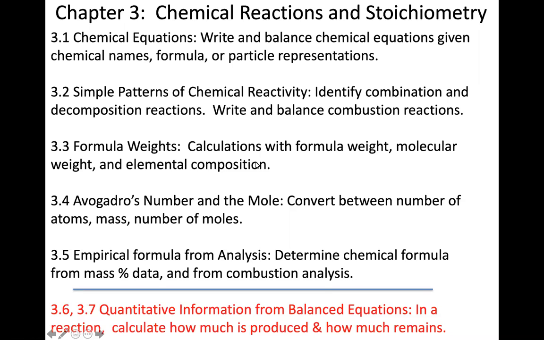When we looked at earlier parts of the chapter, we did math, we did calculations, but when we were calculating the empirical formula, for example, we didn't have a balanced chemical equation. In this final section, we do. So this is a really important topic that we're going to see again and again throughout the semester and into next semester as well. Now, we still have a couple people I know that are joining up with us.